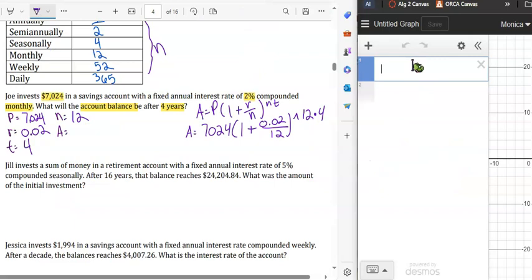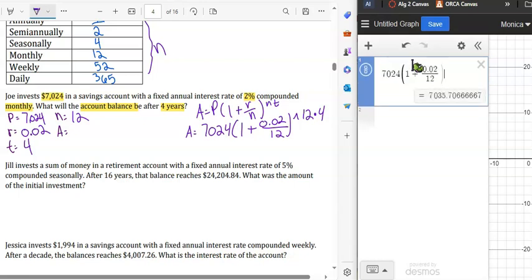So we can go to Desmos and then type this in. And so your answer is $7,608.50.